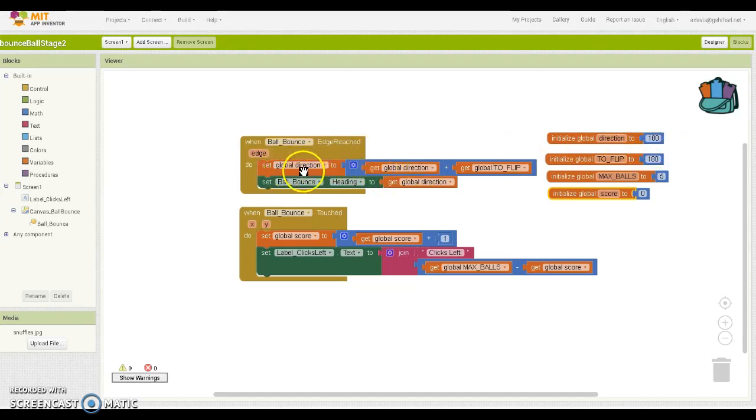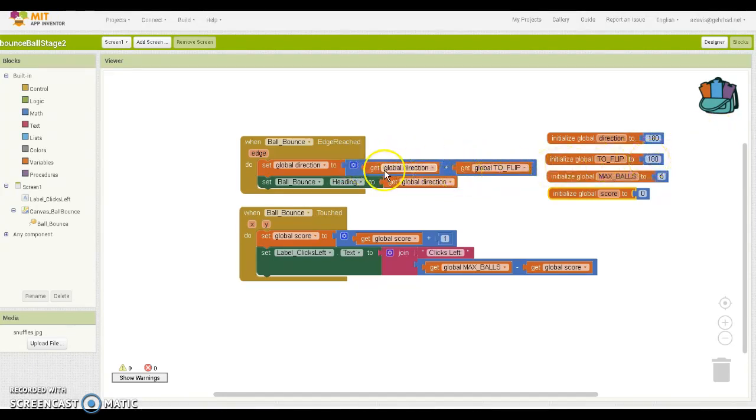That value is being redetermined. It's not forever 180. It's 180 right now, and I'm going to set global direction to what it currently is, 180, plus whatever is inside to flip, which is again 180.